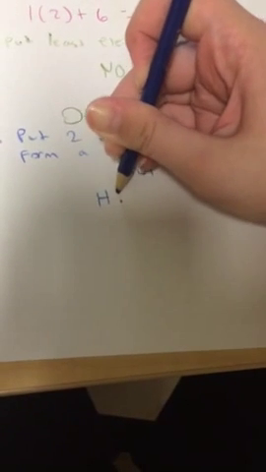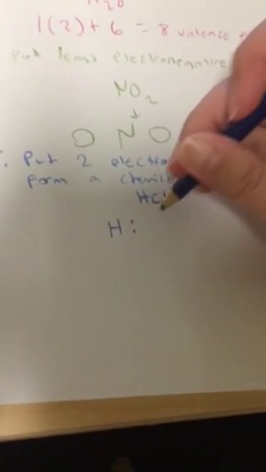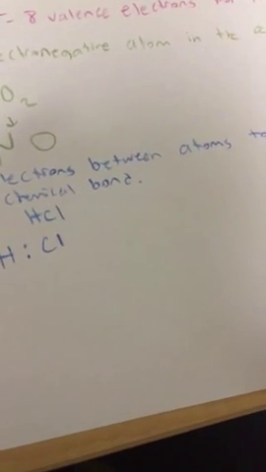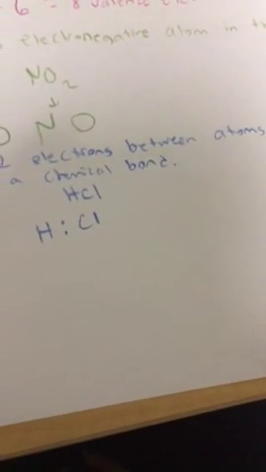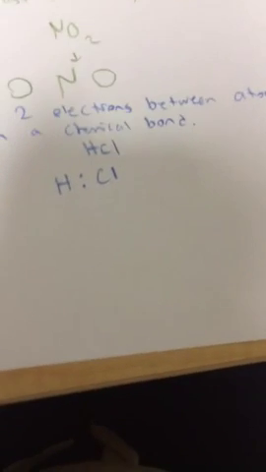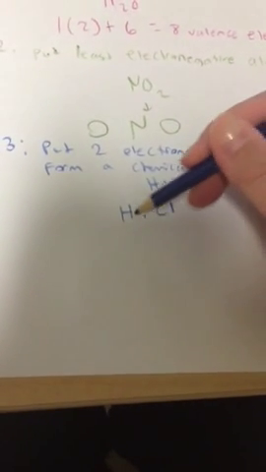So here are our 2 electrons. We know it has 8 valence electrons, so we'll put 2 in the center to form that chemical bond. This shows that they are chemically bonded.